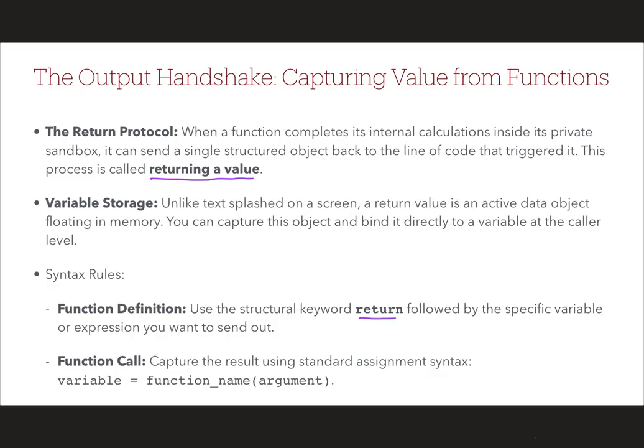So for example, if you see a syntax like this, then this argument will be given to the parameters which are defined inside this function. When this function completes all the tasks, and if there is any return keyword at the end, then the certain value will be returned, and that value will replace this expression.